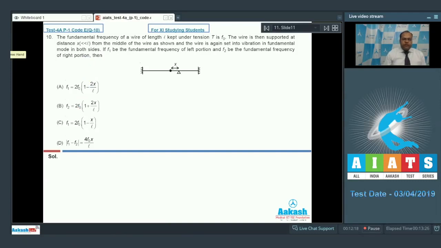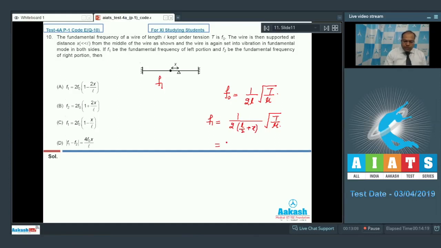So we know that when the wire is stretched at both the ends, then the fundamental frequency f0 is given by 1 by 2L under root of T by mu. Now when the tension is kept same and the wire is then supported at a distance x from the midpoint, then in that situation let the frequency in this be f1. So f1 can be written as 1 divided by 2 into L by 2 plus x, into under root of T by mu.